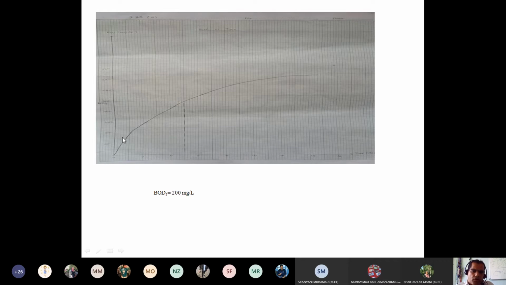So if you draw, you put your points, and then you connect them. At exactly 5 days, because you don't have it in the table, you go and make a straight line, and then you go to the opposite side. So you will get your exact value of BOD5. Is it clear? Clear? Yes, sir. Clear, okay.